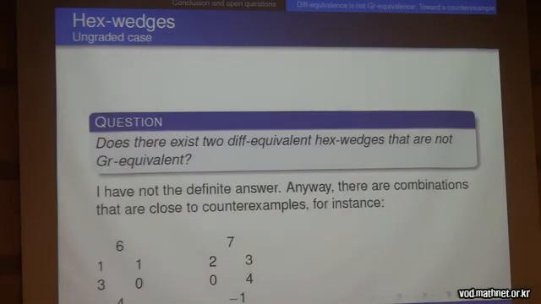I have investigated this for some time. We can take an easy algorithm, but there are too many cases to control, it seems too long. But we have some things that are very close to counterexamples.